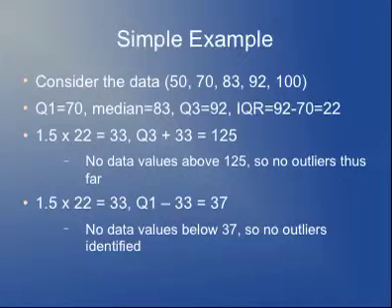So you take the third quartile plus 1.5 times 22, which is 125, or you also take the first quartile minus 1.5 times 22, which is 37. There are no data points outside of that range in either direction, so you don't see any putative outliers in this data set.